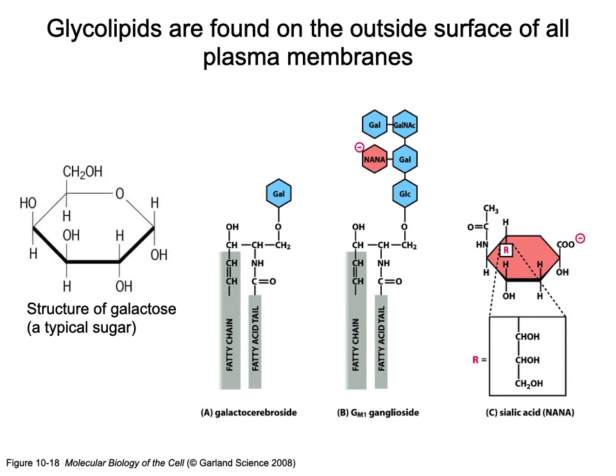So we can also have glycolipids that are found on the outer surface of plasma membranes. So these are going to have sugar structures on the heads. Okay, so a little bit different than the phospholipids. Glycolipids are going to have sugars that are present, carbohydrates.